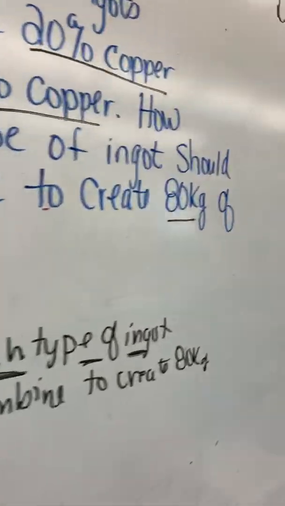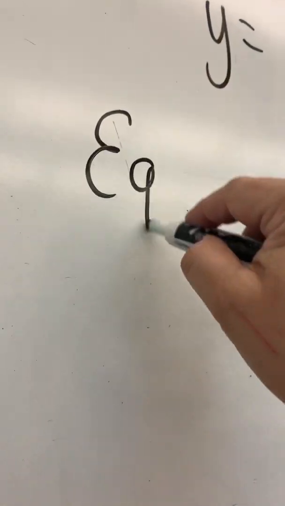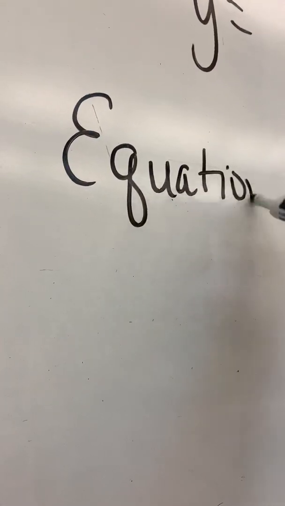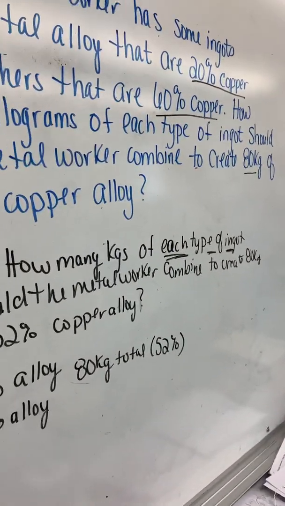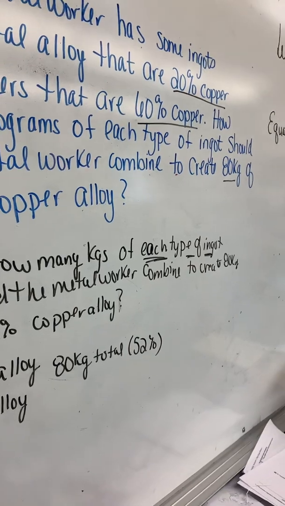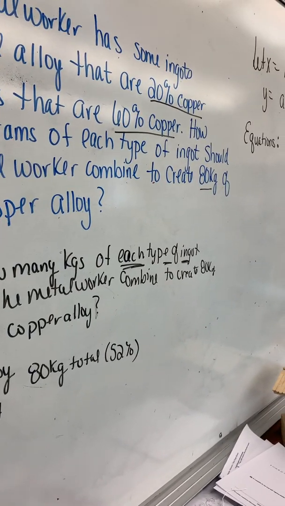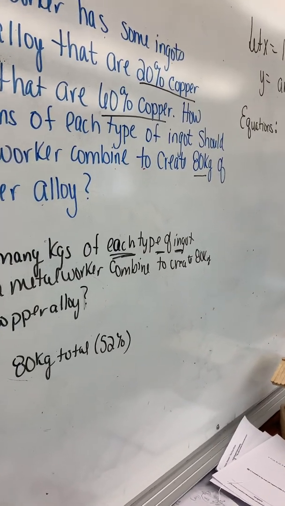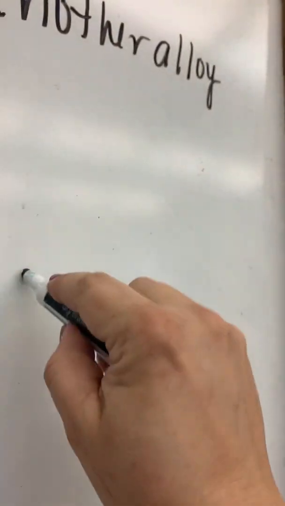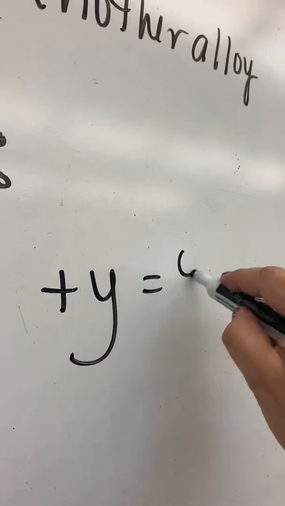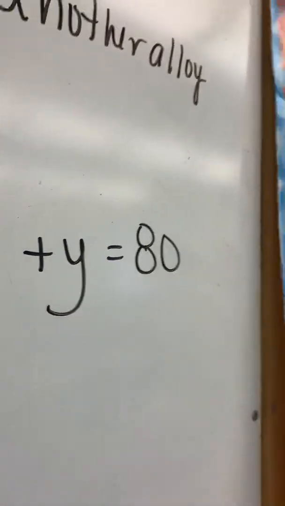So here's your equations, because you're going to have 2 of them. How many total do I have to have? 80 kilograms. So let's look at the weights. I know that x plus y had better equal 80.